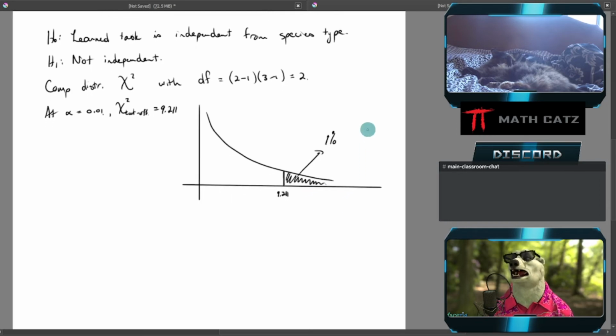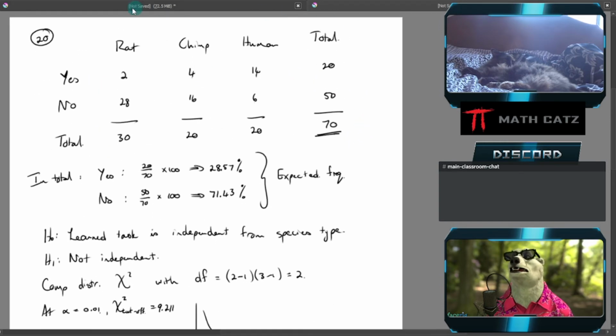And it suggests that, in fact, somewhere there is a significant difference in species from what we would expect if they were truly independent. If species was independent from the ability to learn the tasks.